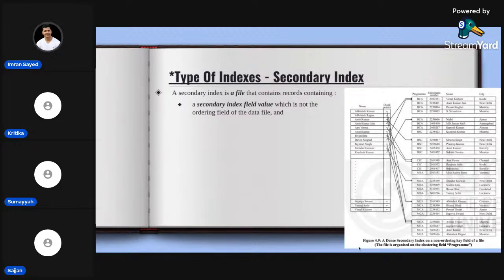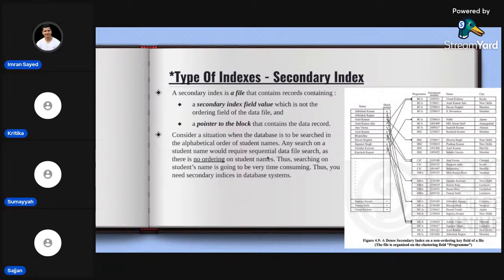So this secondary index is basically a file stored on the hard disk, and it contains a secondary index field value, in this case name, which is not in an ordered structure, and then the pointer to the block that contains the record. In this case, the first one belongs to this block, which contains the record.